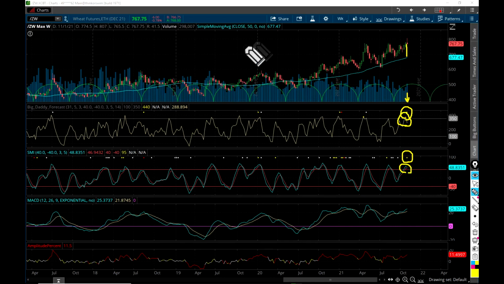Be aware that right now on the weekly we have a 50-week moving average of 677. We could see a pullback here for a few weeks, possibly coming up. If that's the case, we know the 50 is rising. If we just ballpark this, this one was quite long, back here maybe a 7, 8 or 9 week pullback. This one was smaller, about 4 or 5.